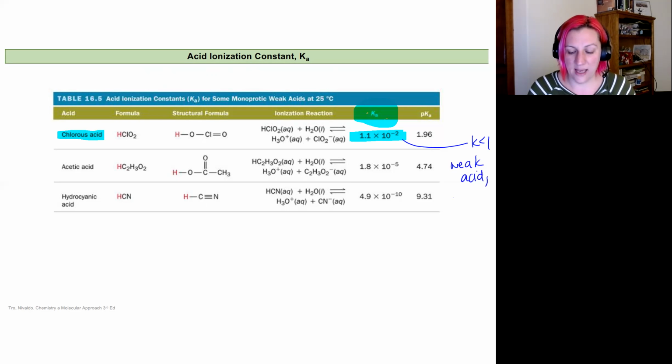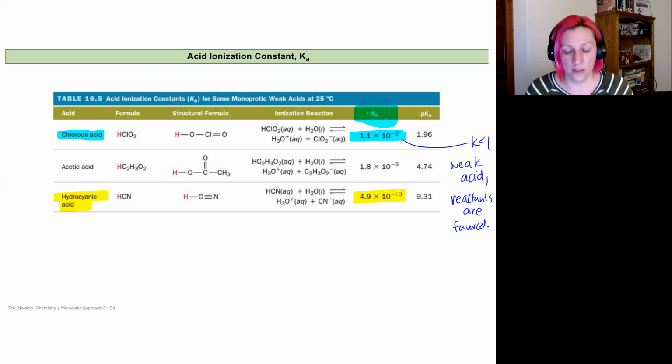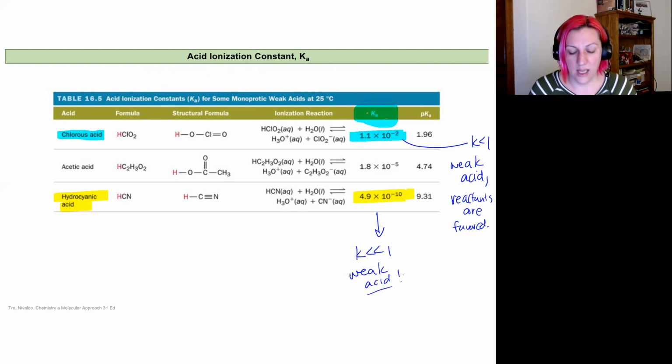Or we could say that the reactants are favored. But it's still a lot stronger than something like hydrocyanic acid, which has a much smaller equilibrium constant, right? So this K is much, much less than 1. So it barely forms any product. So this acid is very weak and weaker than our chlorous acid.